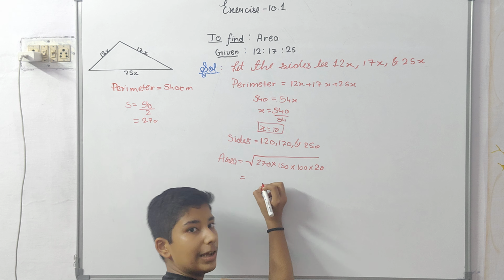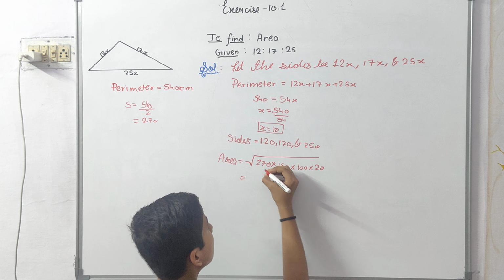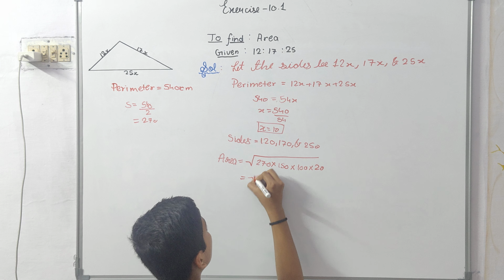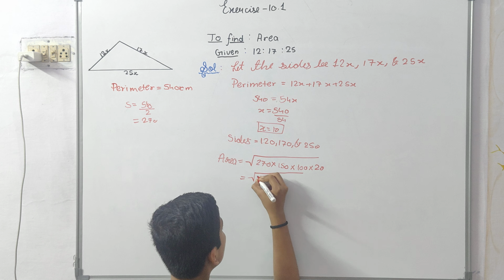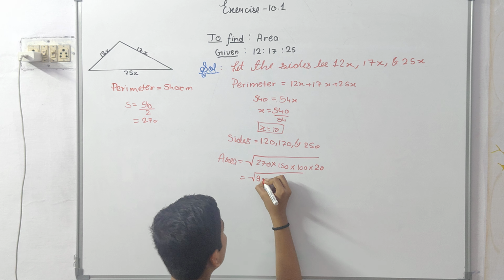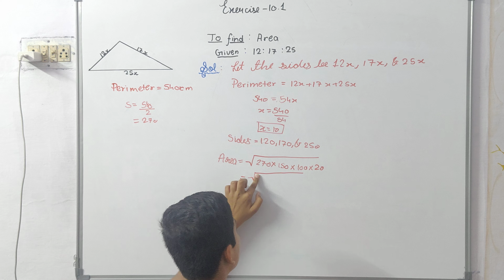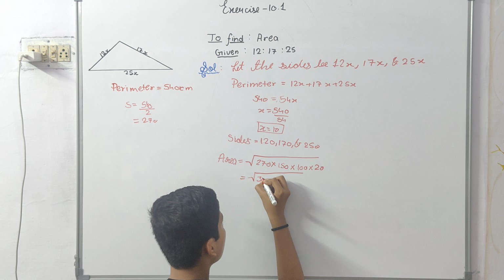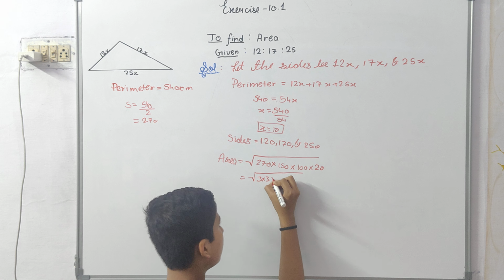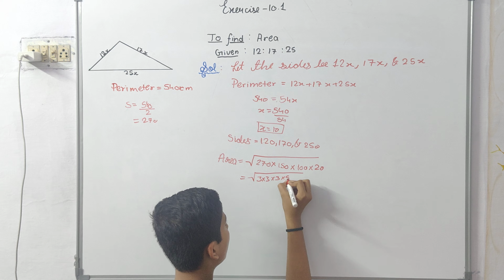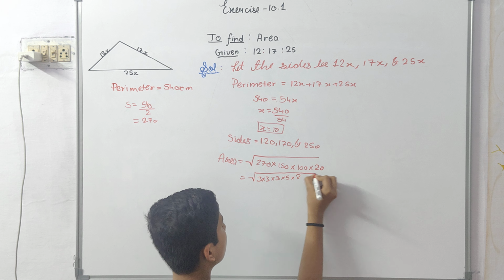So now I will have to sit and continue. 270 can be written as 3 into 3 into 3 into 5 into 2.